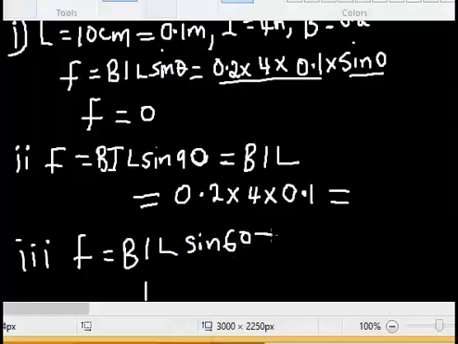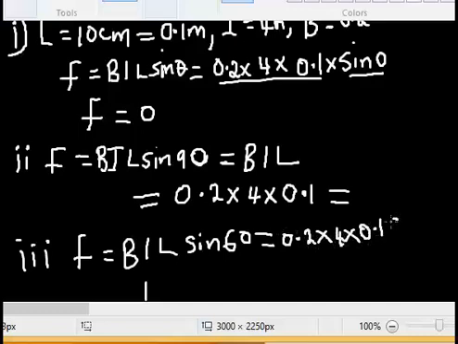It's still the same value you have here, but you have to multiply by sine 60. All right, so I hope that is well understood.